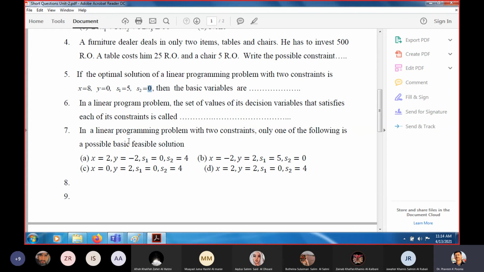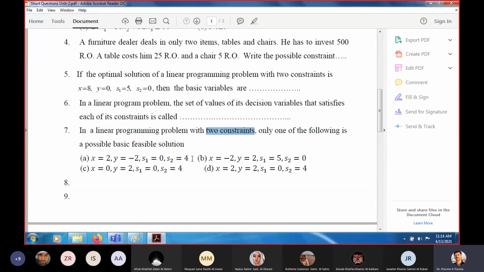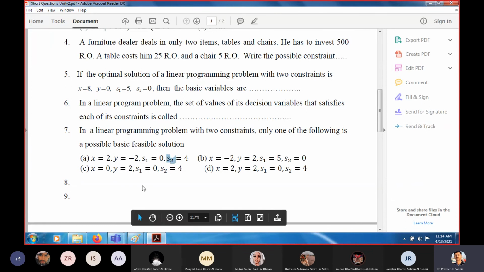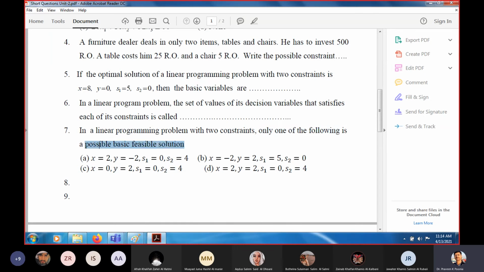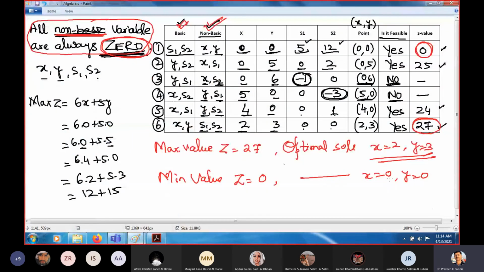If you see the last question: in a linear programming problem with 2 constraints, 2 constraints means X and Y are there and 2 slack or surplus variables, S1 and S2. Only one of the following is possible. I'll show you with the table.